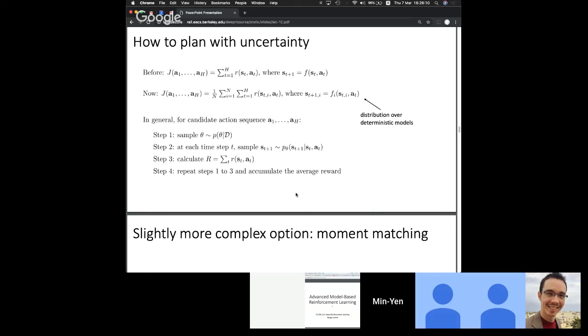Yeah, I think the idea is to take the reward at each time step from different networks. That's what it boils down to, right? Because it's going from 1 to H. No, so it's a candidate action sequence. That's the whole sequence.